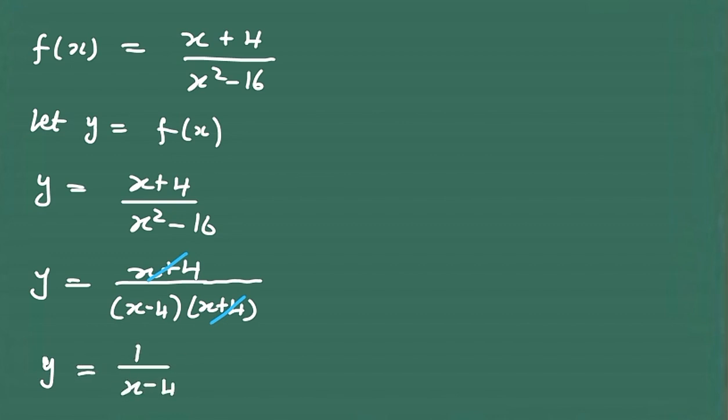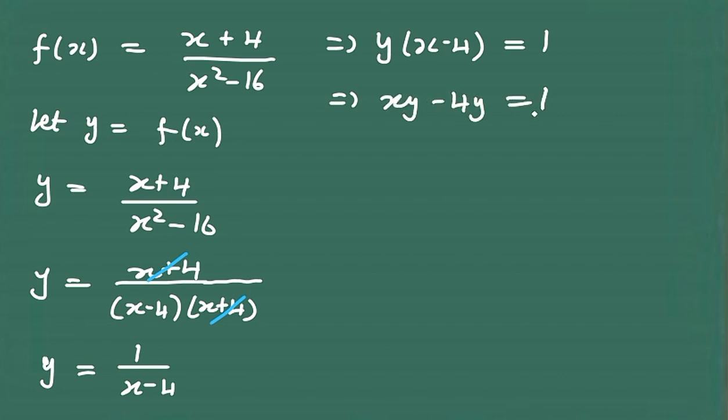To interchange this function, we are going to say that y times x minus 4 equals positive 1. So this is going to give us xy minus 4y equals 1.